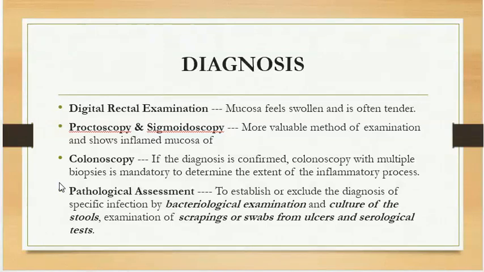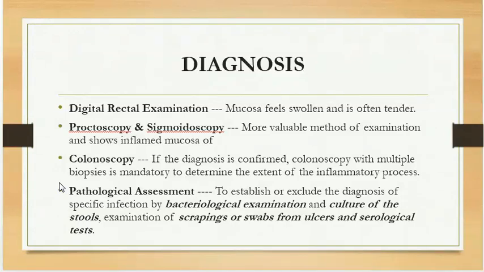Then other methods to diagnose proctitis, we have to do proctoscopy, we have to do sigmoidoscopy. These are more valuable methods of examination and show inflamed mucosa of the rectum. Colonoscopy is also required in these cases.